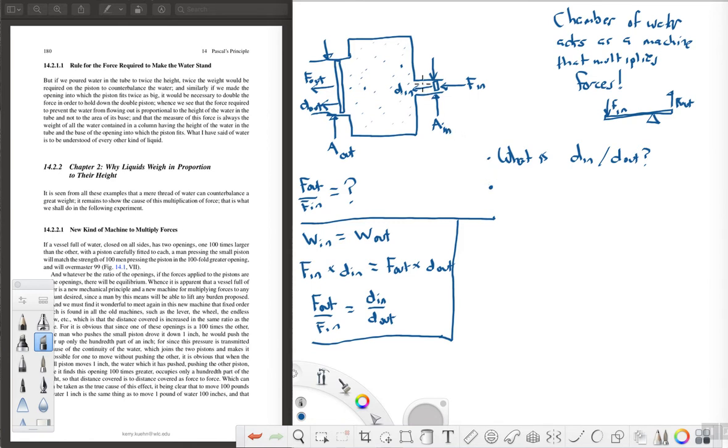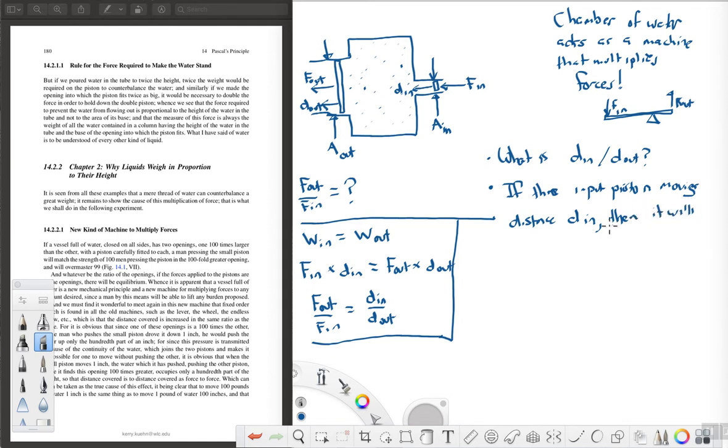And if you think about this piston, let's imagine that this piston moves by some distance. Let's say it moves from here to here. So if the input piston moves a distance d in, then it will displace a certain volume of fluid.